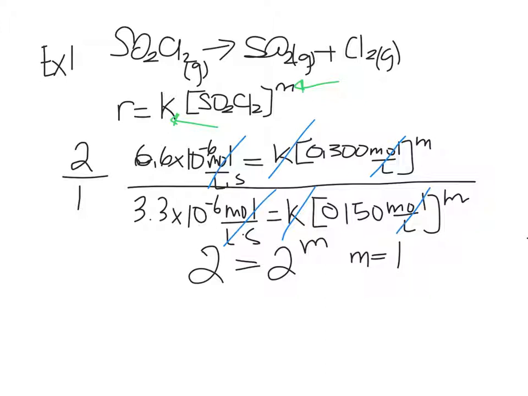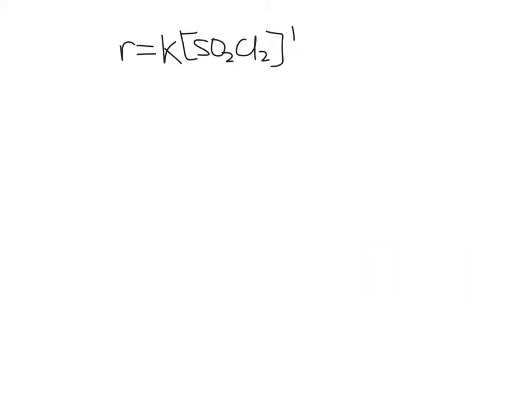So now we have to figure out our K value. Now we know what our exponent M is. What we're going to do is isolate and solve for K. Now we can use any of the experiments in order to solve for this.